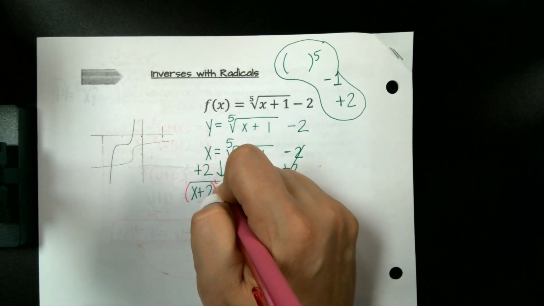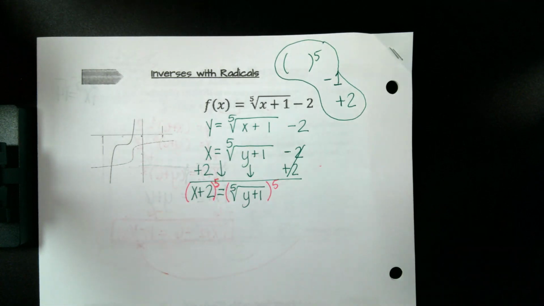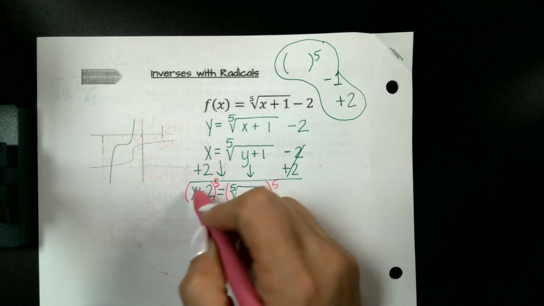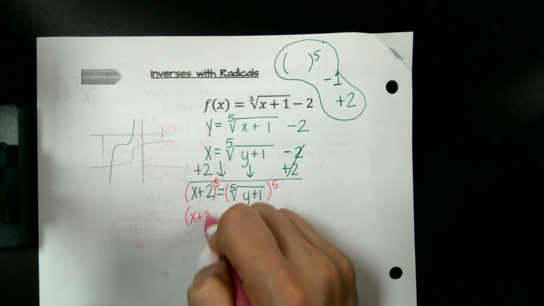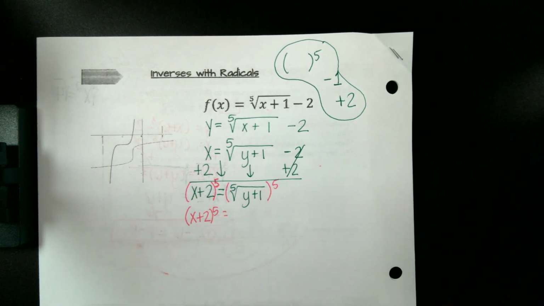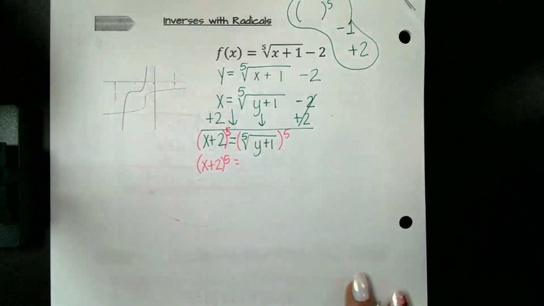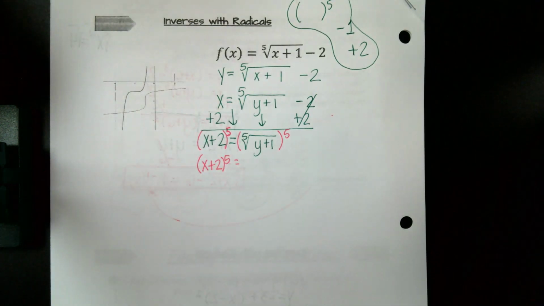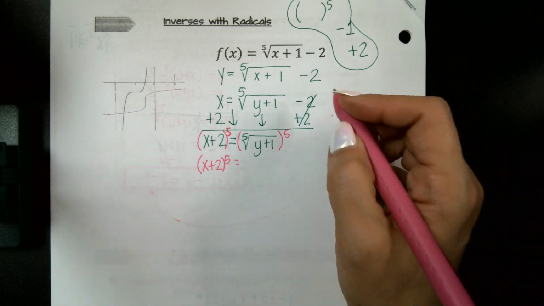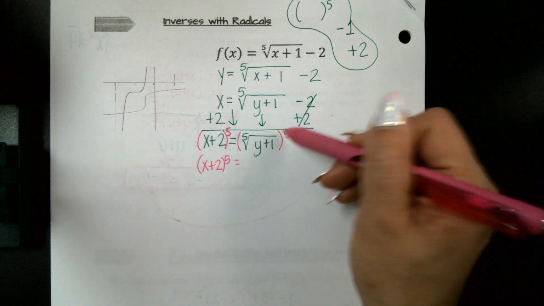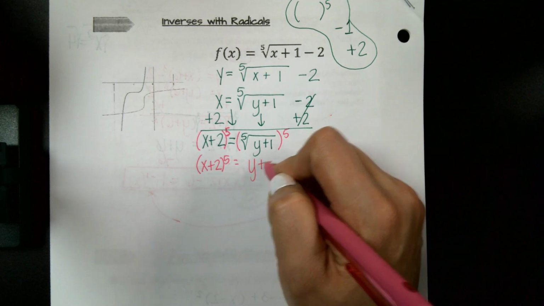I'm going to put parentheses around that expression and raise it to the fifth. Now, I would never ask you guys to figure out what this is. Like, you're going to just leave it as x plus 2 to the fifth power. But on the right side, the fifth power cancels out the fifth root. So what's left? This cancels this. Y plus 1. So it's just y plus 1.